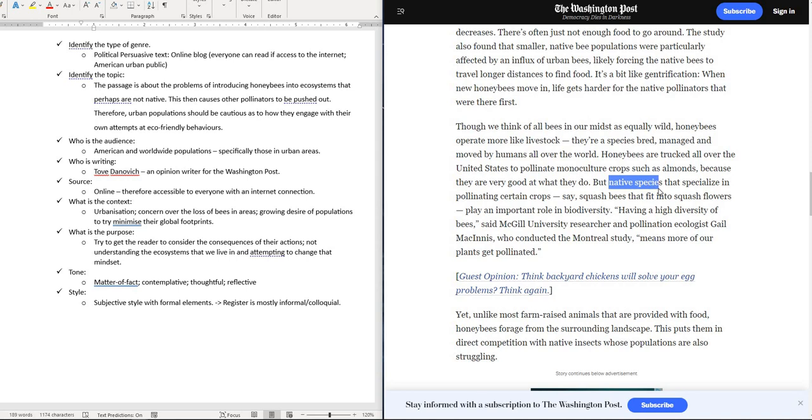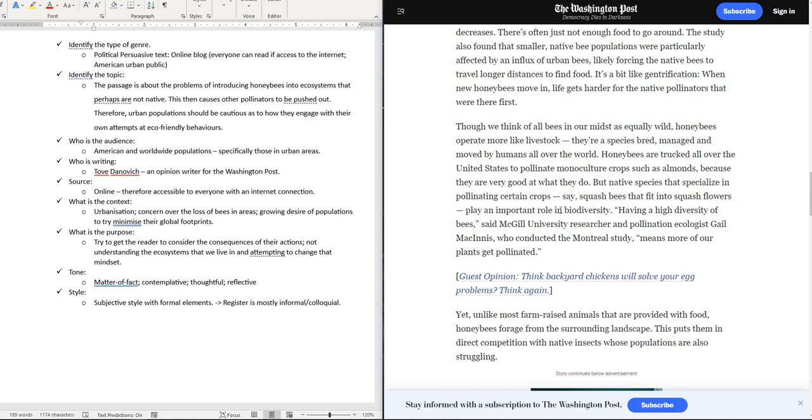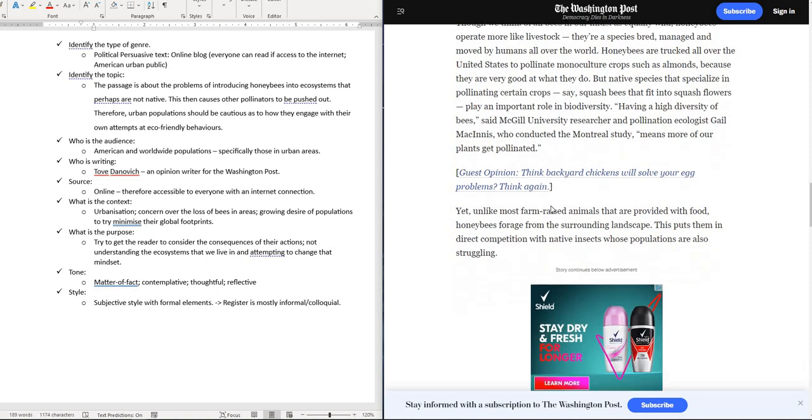But the native species play an important role in biodiversity, and the implication is that as we push honeybees into other environments, we are losing that biodiversity, which of course is more important than just having honeybees.